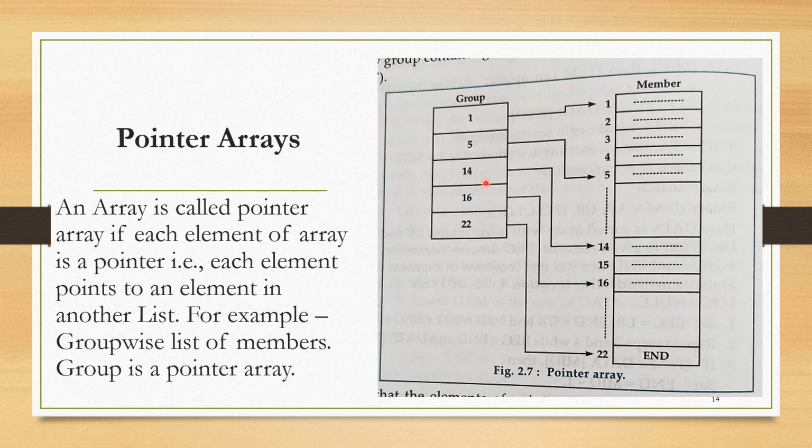Suppose you have a group of 4 people in one array, so the index will give you the starting location of that array. The next array in the group starts from the third location, and the next is 14. So there are 2 arrays, and one array has pointers to the other array. This is an example of a pointer array.